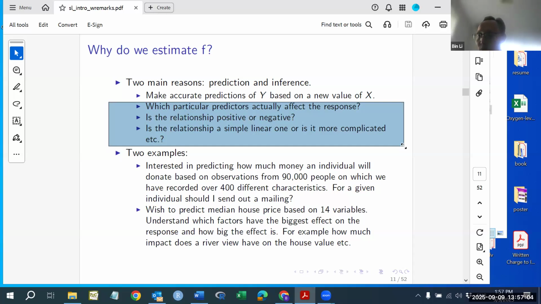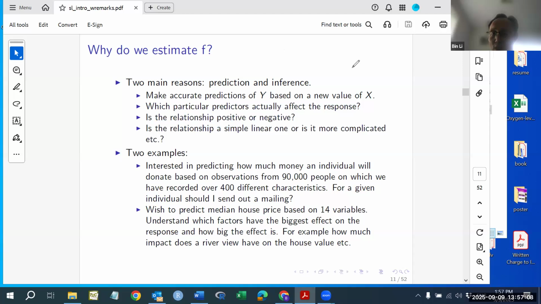So what we can do is we have the data set with X as input and output variable Y. That's the black box, right? Which is unknown.